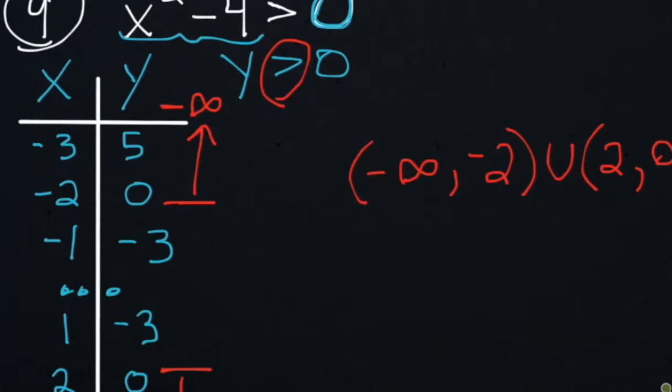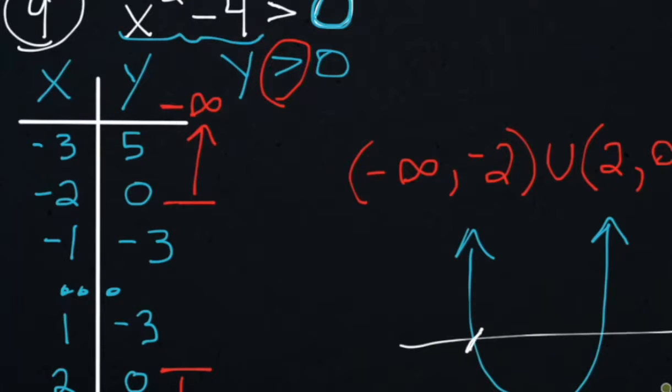If I looked at the graph, what I would see is in the curve, the x-axis would connect at negative 2 and at positive 2. And the parts of the parabola that are above the axis are going out to the infinities, negative infinity and positive infinity.